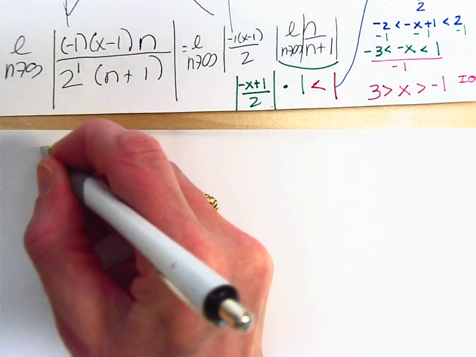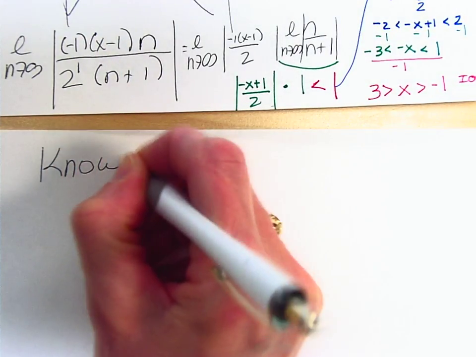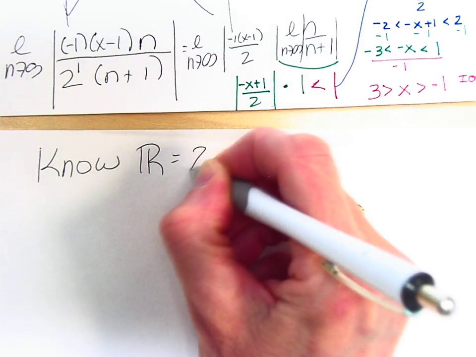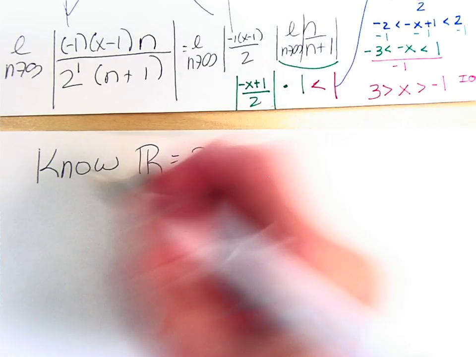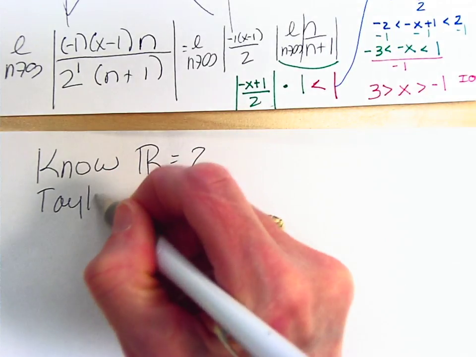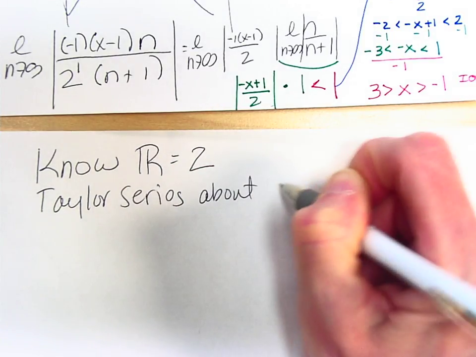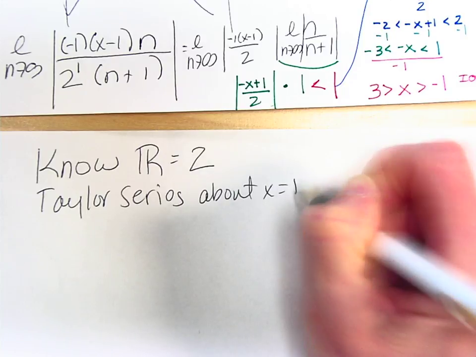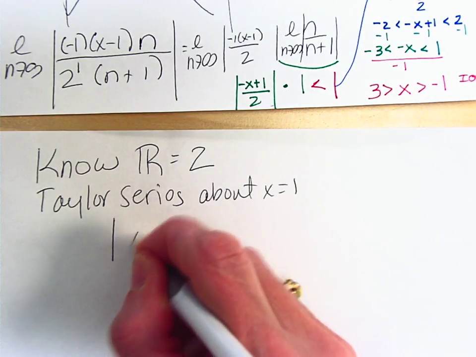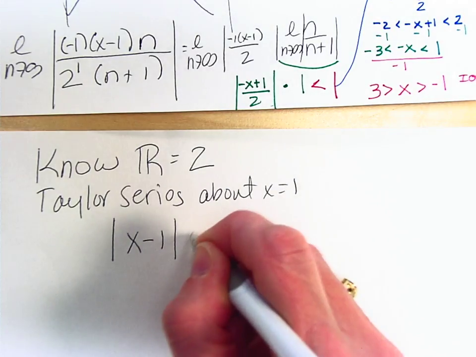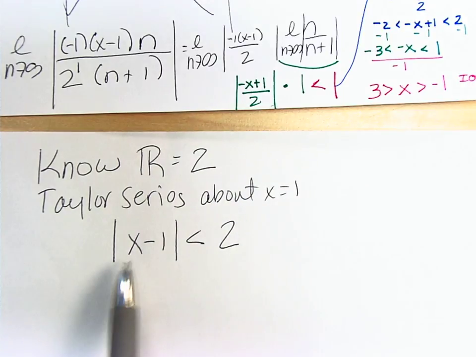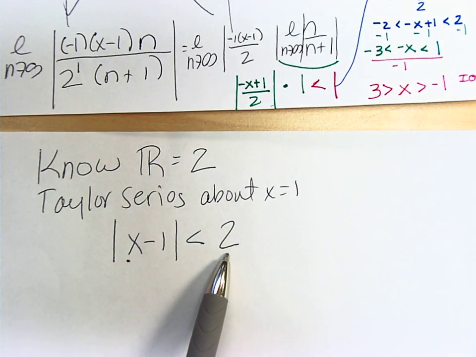So if you know this, and I'm told it's a Taylor series about x equals 1, then I can write this. I can say the absolute value of x minus 1 has got to be less than 2. It's got to be less than the radius of convergence.